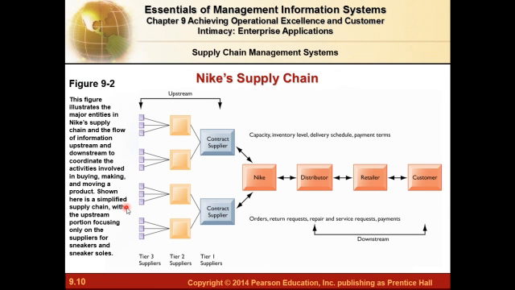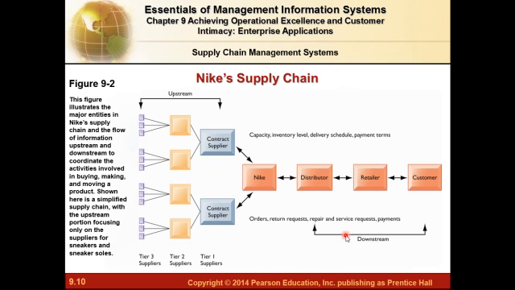Okay, let's look at Nike's supply chain. Actually, this figure illustrates the major entities in Nike's supply chain and the flow of information upstream and downstream to coordinate the activities involved in buying, making and moving a product.